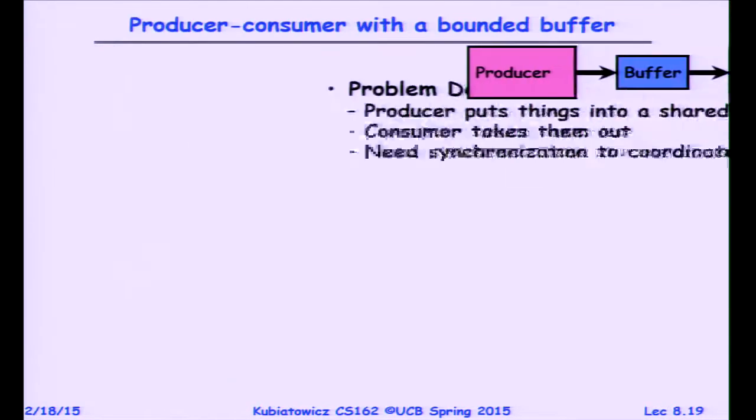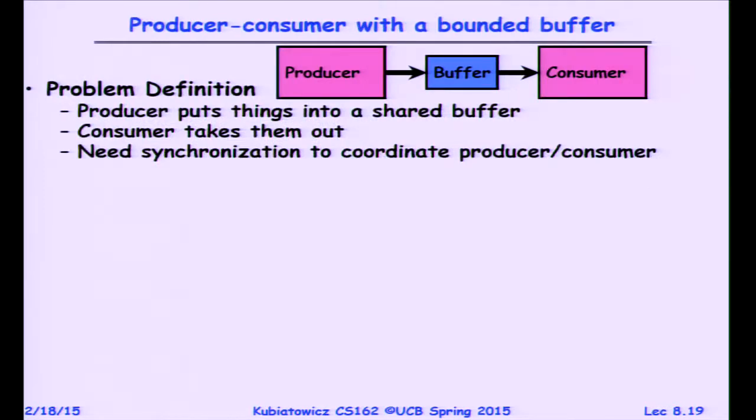Okay. So let me just show you a producer-consumer with a bounded buffer example. The problem here is one that everybody can appreciate. We need a Coke machine anywhere there's lab space, right? Obviously, because you need Coke in the middle of the night, and I'm talking about Coca-Cola. So here, the producer is the one that's bringing the cans of soda and putting them in the shared buffer, and the consumer is going to take them out.